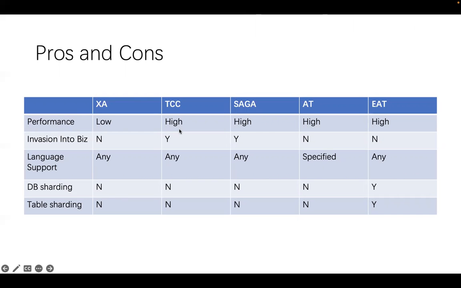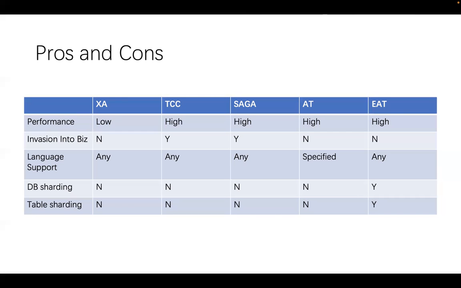For the TCC transaction model, the performance is high, but it has invasion into the business logic. So each service has to prepare the try API and the cancel API for it. There are also more database updates for this TCC transaction model, and it supports any language, but it doesn't support DB sharding and table sharding.